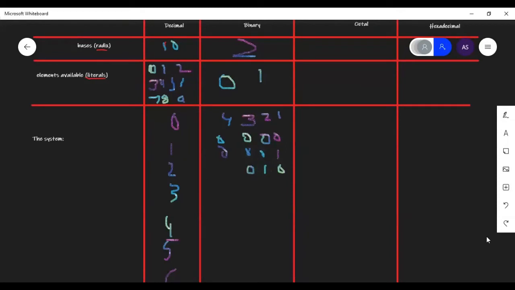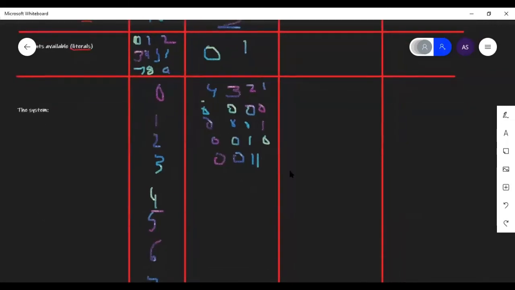There's a small pattern you can see here. In the first column, it's alternating between 0 and 1, so we get 0, 1, 0, 1, and we'll continue 0, 1, 0, 1, 0, 1.